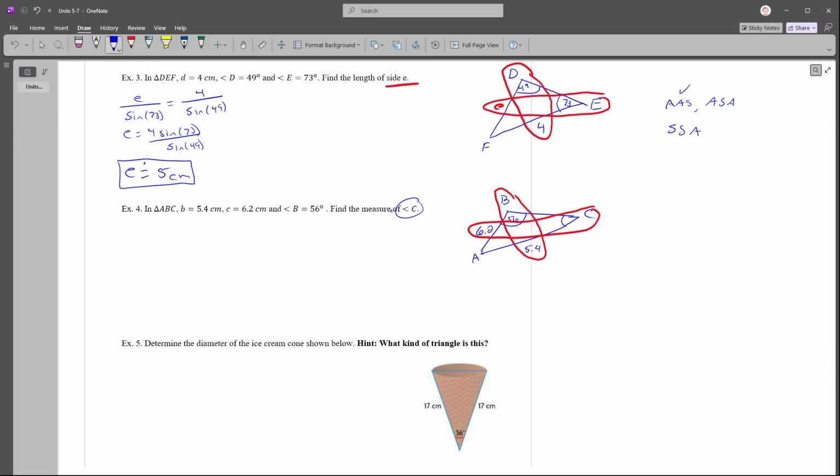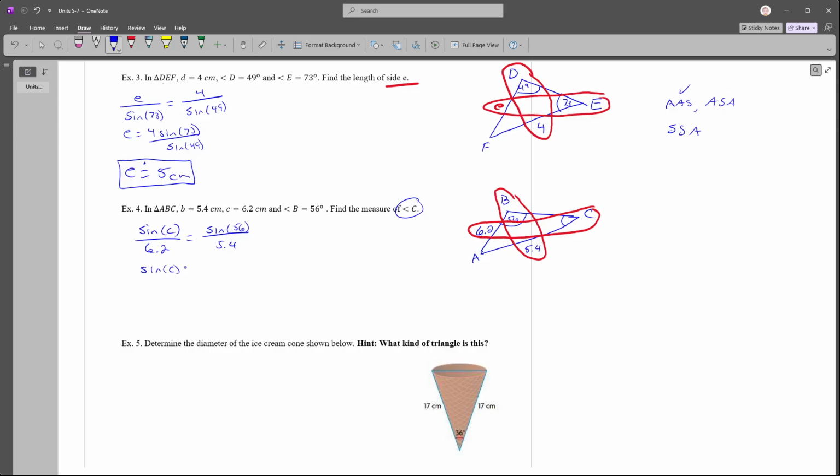We're looking for an angle, so that means the sine of angle C is going to be on the top. Sine of angle C over its corresponding side, which is just 6.2. And that's going to be equal to the sine of 56 over 5.4. Now we solve for sine of C again.